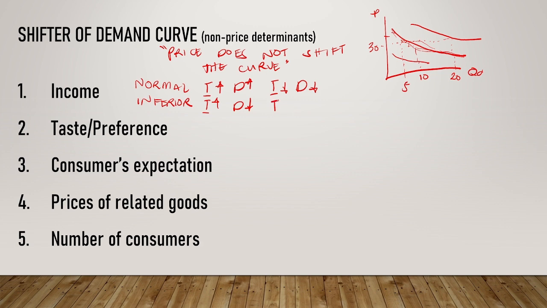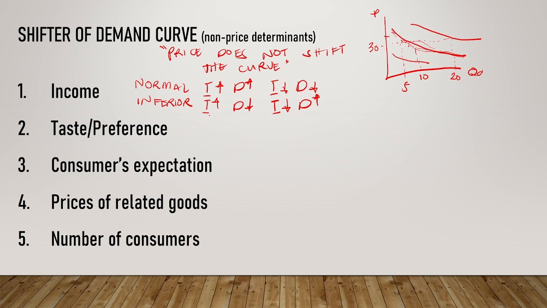But if your income goes down, your demand for tinapa will go up because you want something you can afford. Your demand for tinapa becomes greater than for spam. For a normal good, income goes up, demand goes up; income goes down, demand goes down.